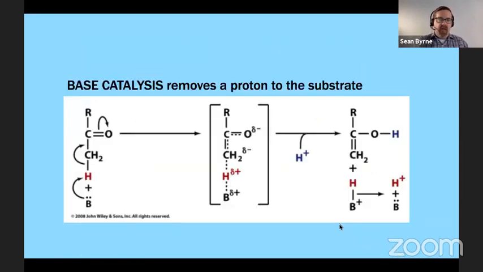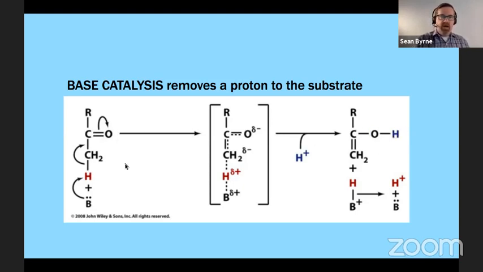Similarly, this is a much more general equation for base catalysis. In the presence of a base, we have this base over here that's going to grab a proton and weaken the bond over here, which has impacts on all of the bonds up here as well. And so this would allow for hydrogen to jump in over here, and we went from our double bonded O to our hydroxide over here.